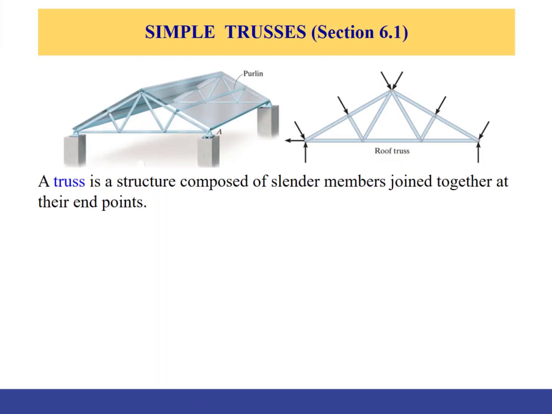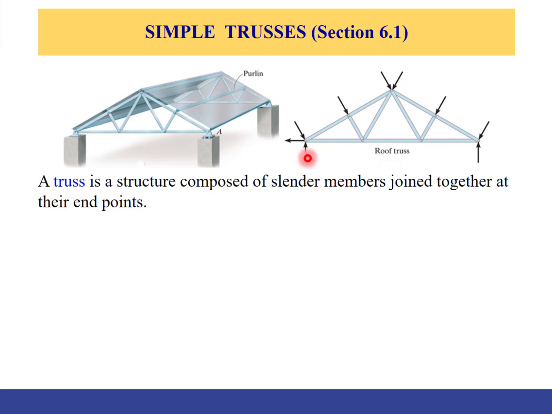Now I think we are ready to put a definition for the simple truss. A truss is a structure composed of cylinder beams jointed together at their end points using pins. Meaning that, let's take this for example, the truss system is composed of cylinder beams put together, pinned together, right?